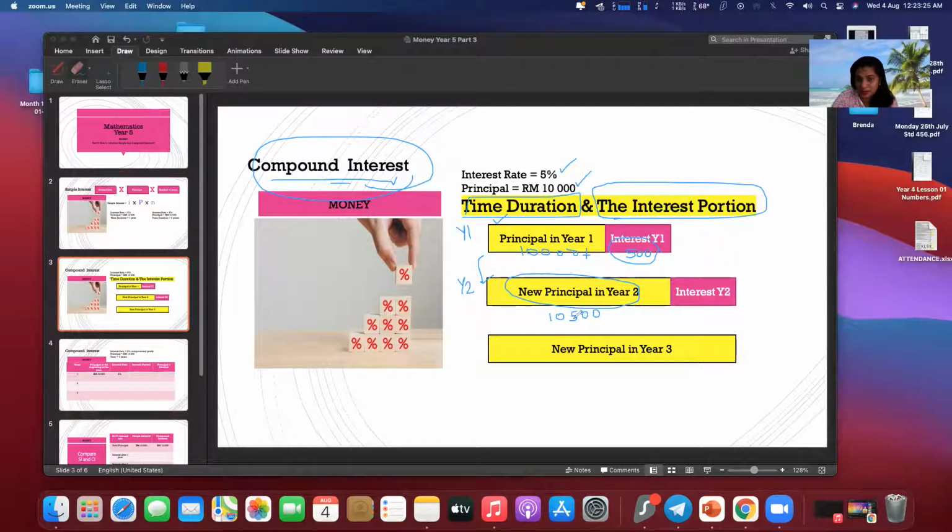You see that? This 500 is your interest from the previous year. And now you will have another calculation. You will have 5% of 10,500. So now your principal has grown.